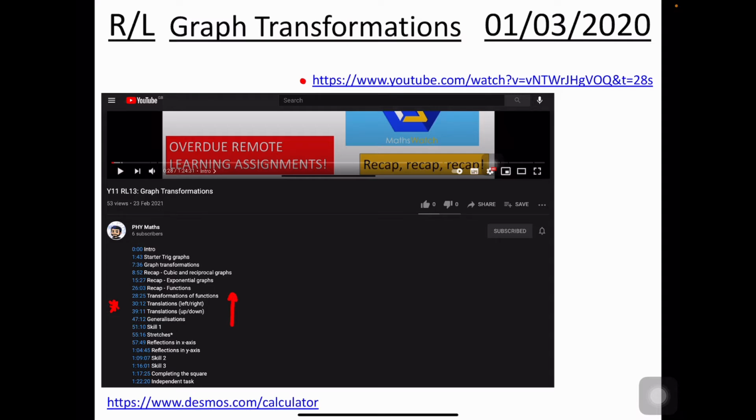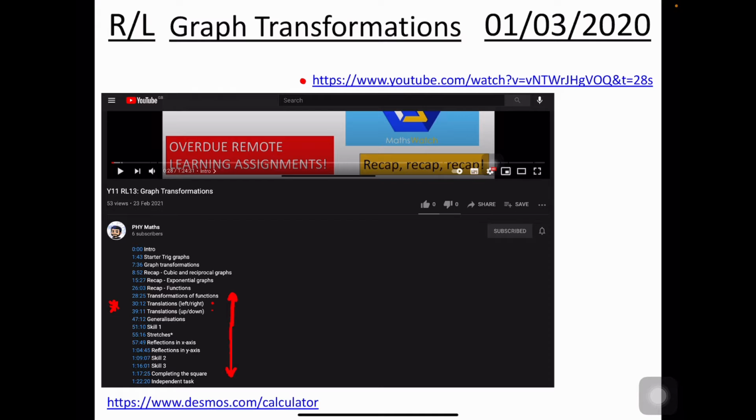So you have translations, stretches, reflections, and some completing the square, seeing how completing the square links with transformations as well, or specifically translations.